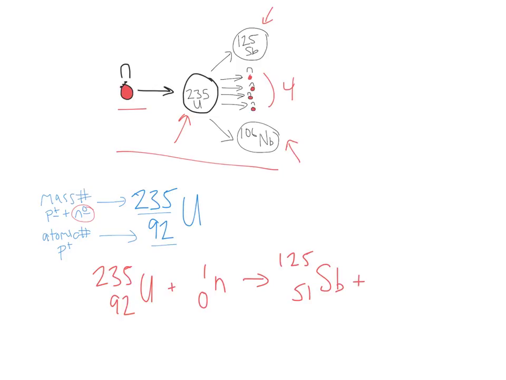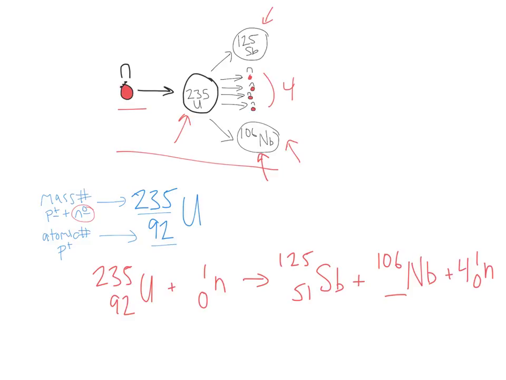That also includes niobium 106. We're going to leave this blank for right now and show how we can determine what this would be. And then also, as we said, 4 neutrons.